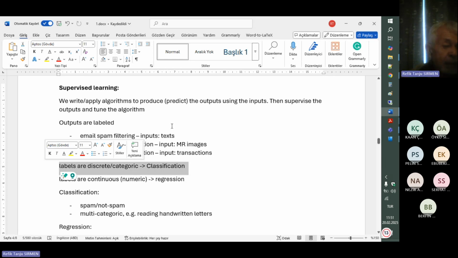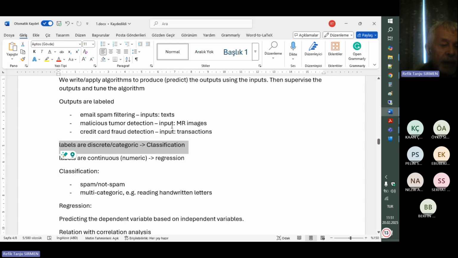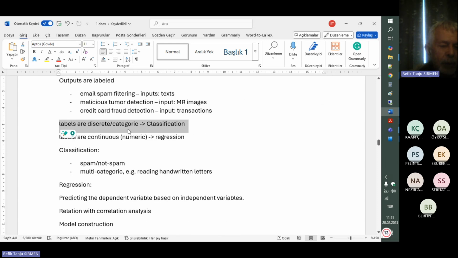All right, guys. I believe that you understand what I mean when I say discrete or continuous or categorical, etc., from the data analytics course. So if these are discrete inputs or labels, this is a classification type of machine learning algorithm. So we classify whether it's a spam or tumor or fraud or whatever.